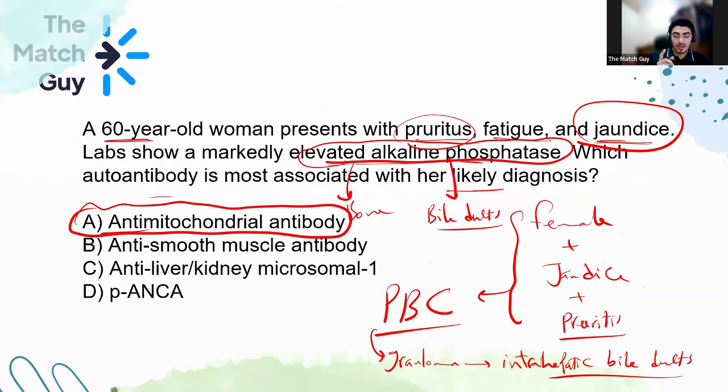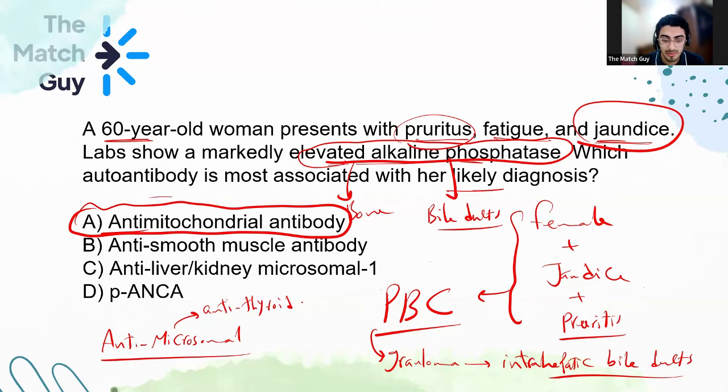Okay. So we have another autoantibody in the USMLE that is similar to anti-mitochondrial antibody called anti-microsomal antibody. I'm just mentioning it because I know lots of students who mix them up. So what is anti-microsomal antibody, guys? This is the same as anti-thyroid peroxidase antibody.